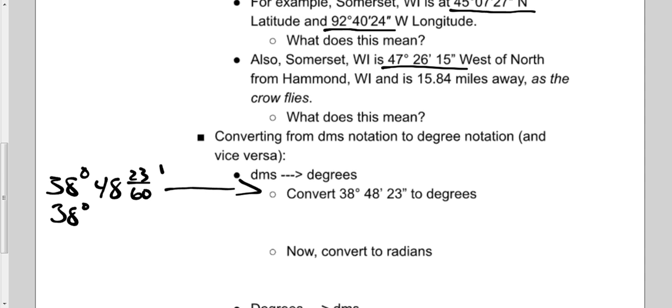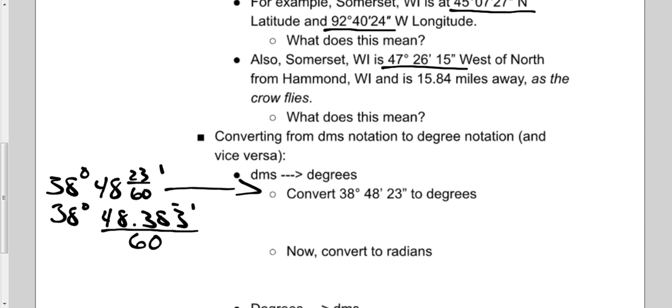So it's 38 degrees, 48.383 minutes. Now, how do I find the degrees? How many degrees is 48.383 repeating minutes? You take that and you divide it by 60, because there are 60 minutes in a degree.